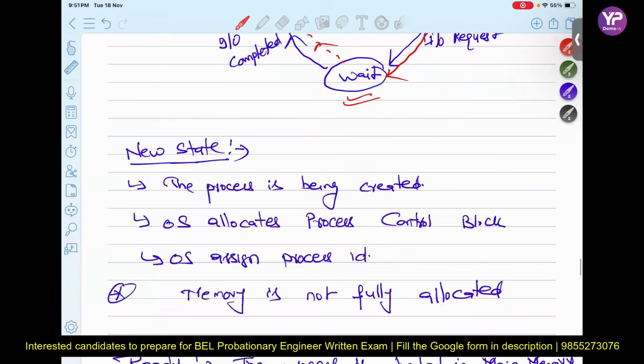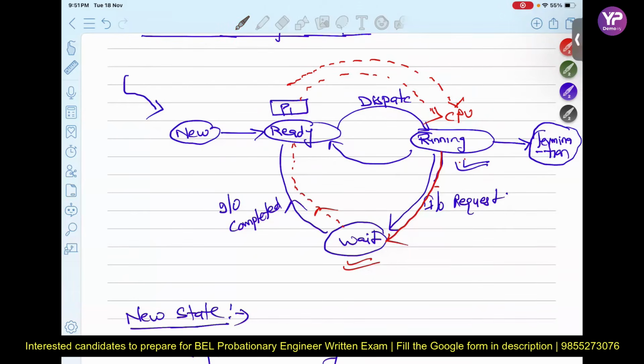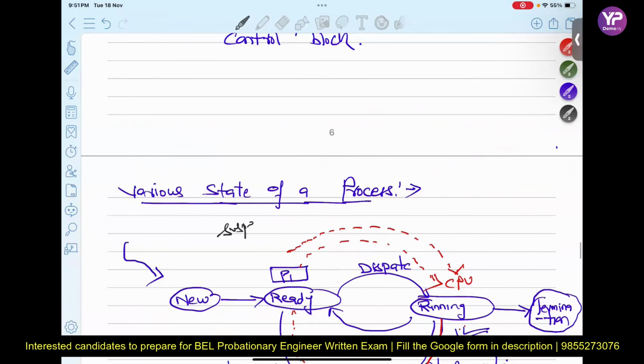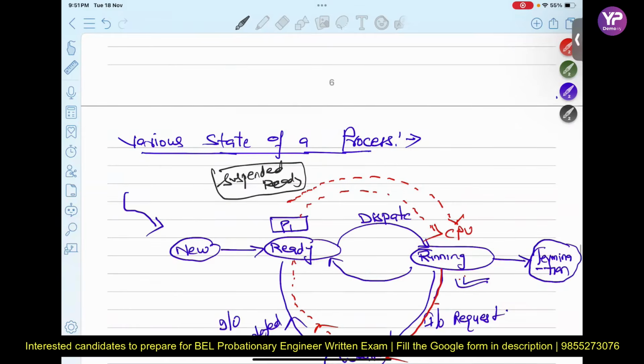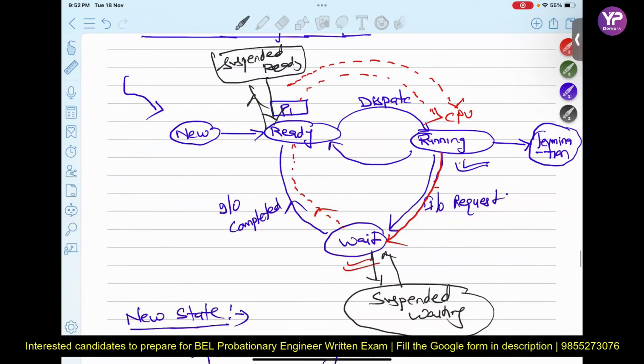So if I enhance this diagram, then we have two more states. One is suspended waiting. In a similar way, suspended ready. Why is there a requirement for suspended waiting?